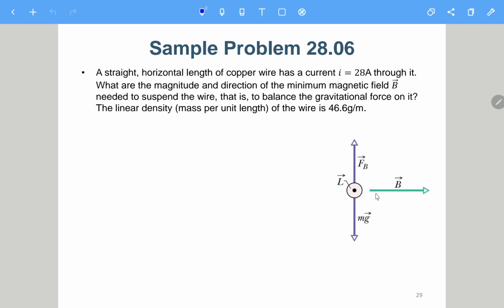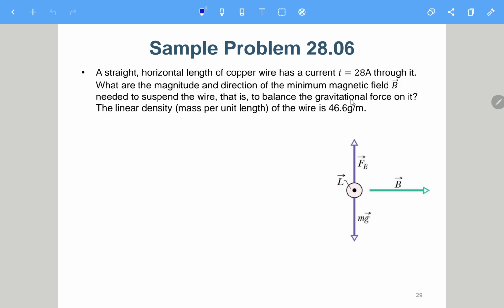Of course the B field must be perpendicular to the L, because it asks you for the minimum magnetic field. If it is not perpendicular, then there will be some component of the B field which is parallel to the L, which will not contribute to the force, so there will be a waste.